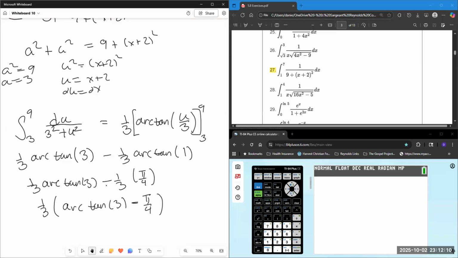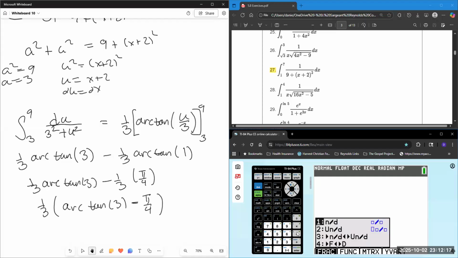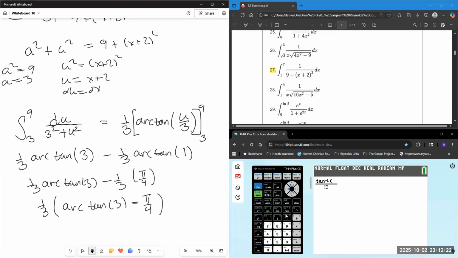And that is going to be arc tangent of 3 minus pi over 4, divided by 3, which is approximately 0.155.